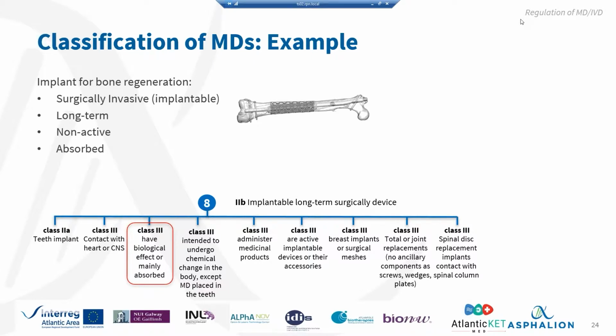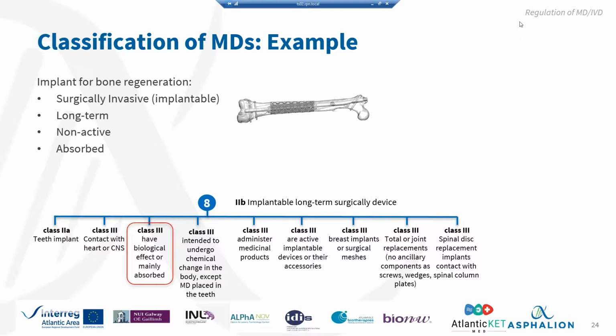Let's say it's non-active, obviously, because it doesn't require an external source of energy. And then let's say it's absorbed by the body. So we would go to the implementation rules, and we would see that according to rule 8, this device would be considered a class 3. Why? Because it has a biological effect or is mainly absorbed.